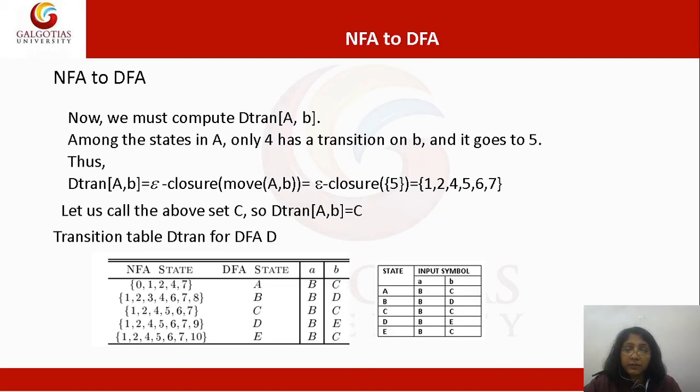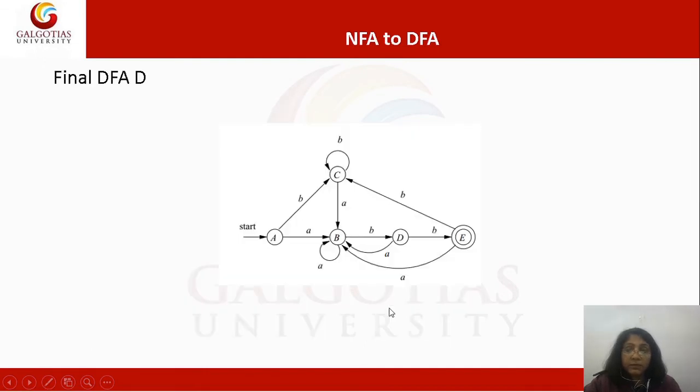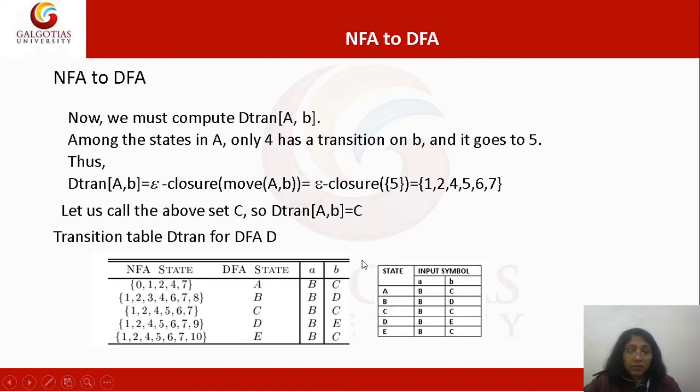Once you perform the same operation for both inputs a and b, you will get a transition table like this one, where when A was the state and the input was a, you got B. This is for the DFA, and it is represented by this state diagram and transition table.